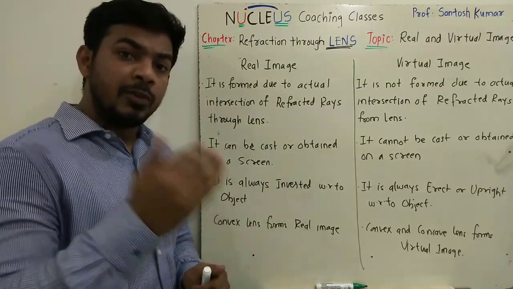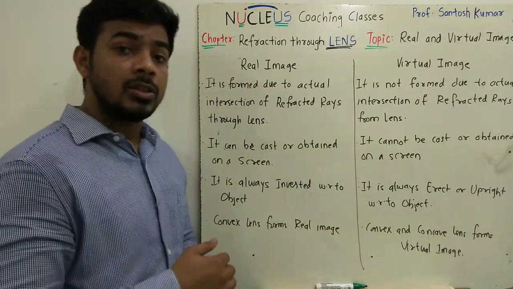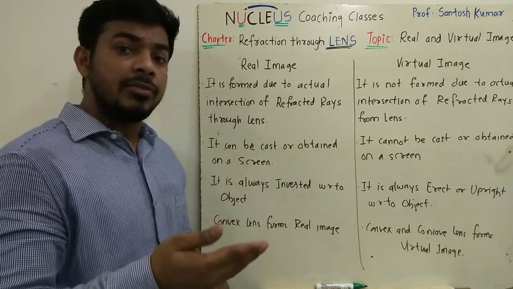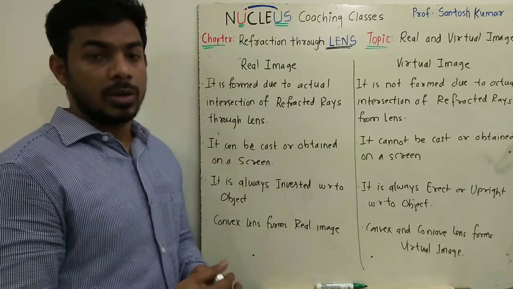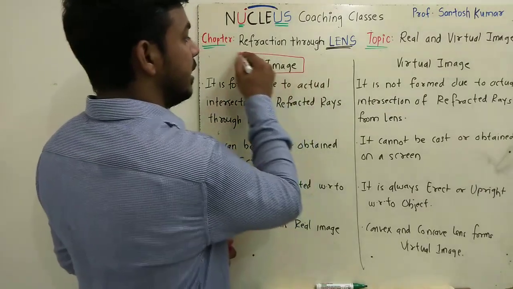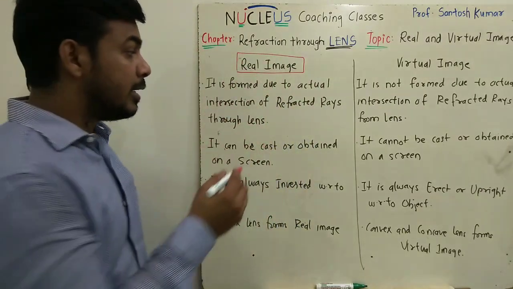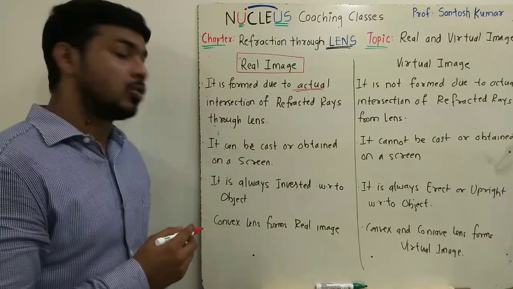So an image can be formed due to actual intersection of the rays after refraction, or the rays after refraction appear to be meeting at that point. Okay. So what is a real image? Real image is an image, remember, which is formed due to actual intersection of the refracted rays through the lens.